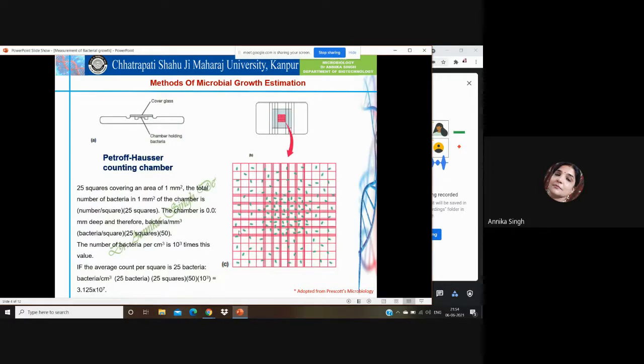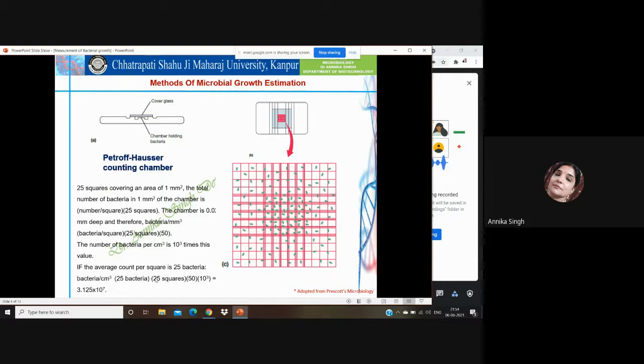the number of bacteria. For example, if we count 25 bacteria in a small gridded square, the total number of bacteria present in 1 cubic millimeter can be calculated as 25, the number of bacteria per square, times 25 squares, times 50, which comes when we put the value of the depth, 1 upon 0.02, which is equal to 50.